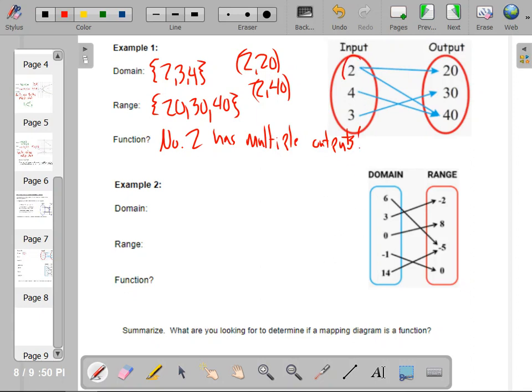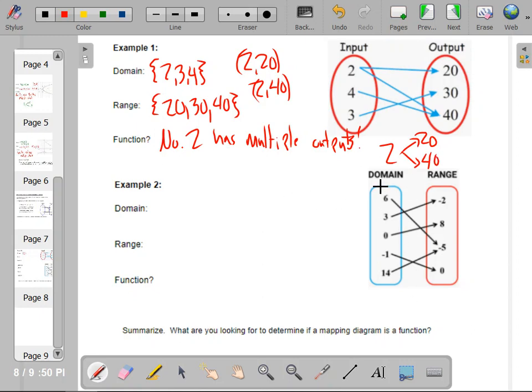What you're looking for is that 2 has more than one arrow coming out of it. It doesn't matter if they both point to 40, that's okay. No input can have two different outputs, so this is what breaks it right there. I'll say 2 maps to 20 and 40, and that's why it's not a function.